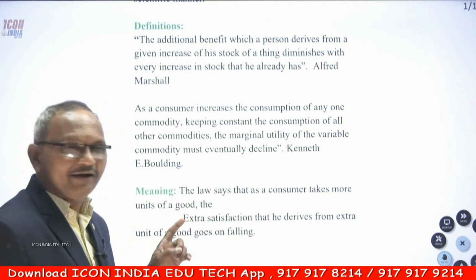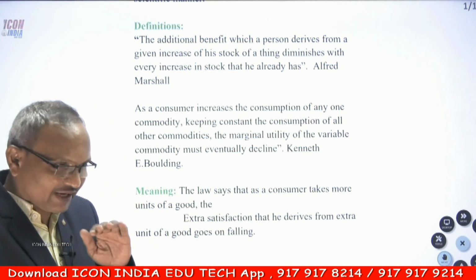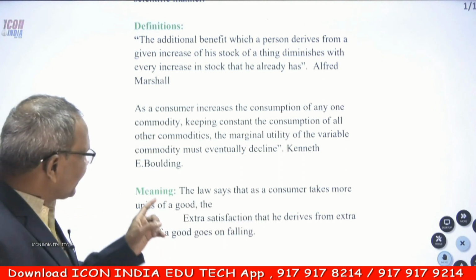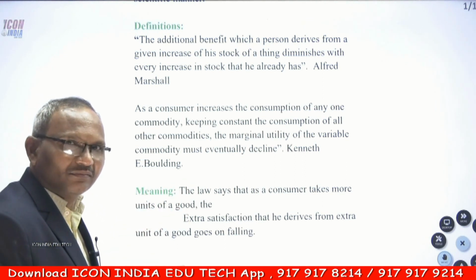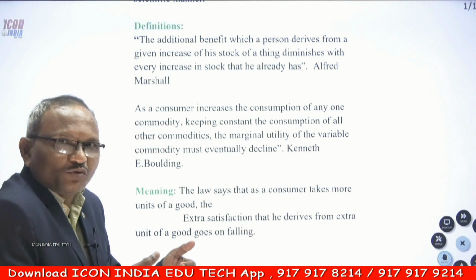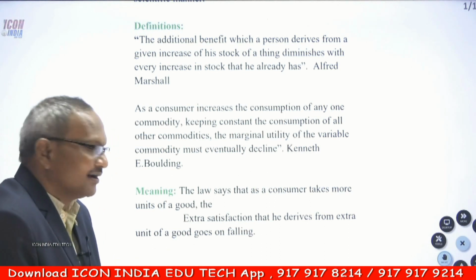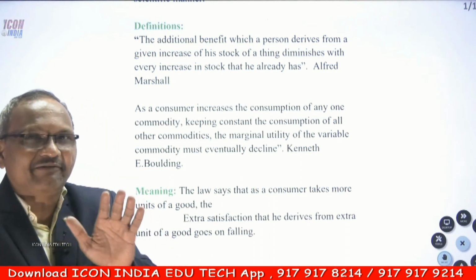That is the meaning of this law. You should write the definition as it is. You can make changes in this meaning, using whichever words you want. But it is better to write as it is in the final examination.